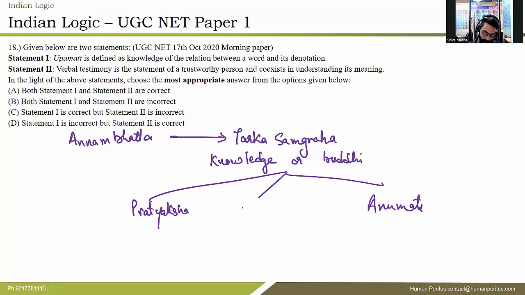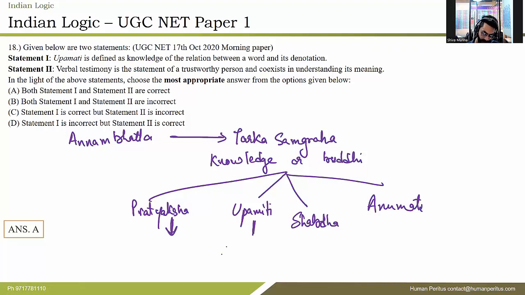But there are two more sub forms in it. Those two forms are upamiti and shabda. Okay, now let us talk about these four things. Pratyaksha is nothing but perception.